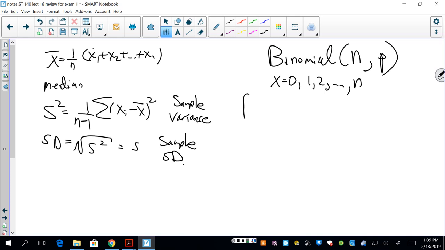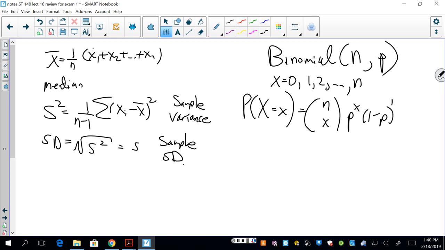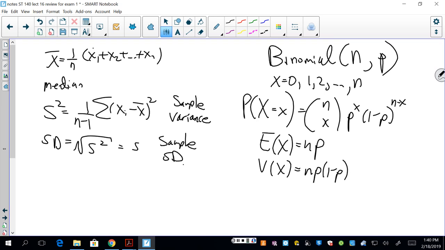So the probability that x equals one of these values is n choose x, p to the x, 1 minus p to the n minus x. And the average value or expectation is n times p. And the variance is n times p times 1 minus p. And the standard deviation is the square root of the variance.